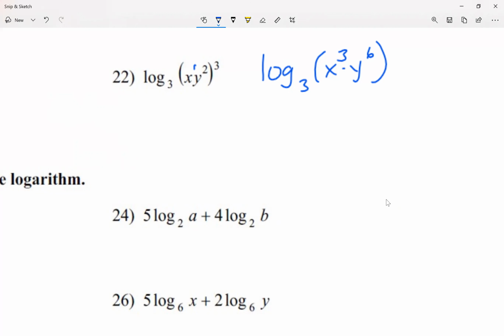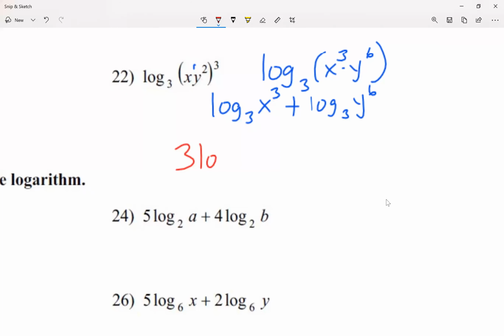And the way I split a times, I'm going to split it as addition of two logs. So I'm going to go log base 3 of x to the 3rd plus log base 3 of y to the 6th. The next step, let me just do this real quick. I'm going to go 3 log base 3 of x plus 6 log base 3 of y.